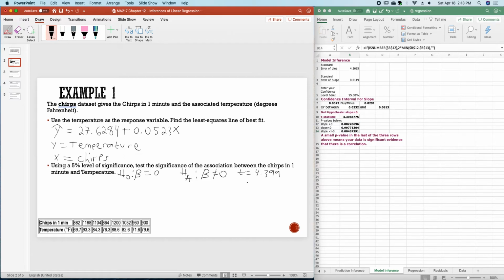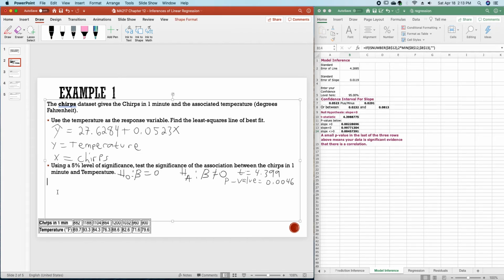I wrote too big to write that on that line, so I'll just write that down here. P-value of 0.0046. And we can write the conclusion of this, since we can see from this p-value that it is naturally way less than a level of significance of 5%.